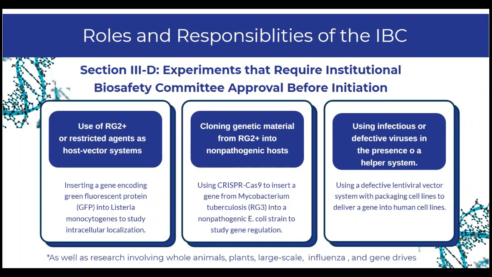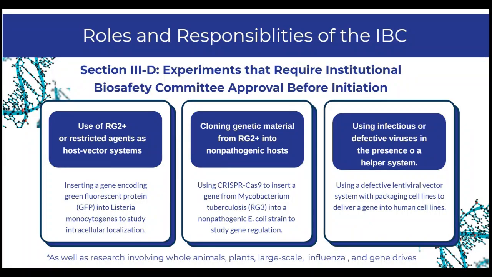3D.1 are experiments that use RG2 or higher agents as hosts and involve introducing recombinant or synthetic nucleic acids into pathogenic organisms. 3D.2 are experiments where DNA from RG2 or higher agents is cloned into non-pathogenic organisms such as bacteria, yeast, or lower eukaryotes. 3D.3 covers infectious or defective viruses in tissue culture: experiments that use viral vector systems where a replication-competent virus could be reconstituted.